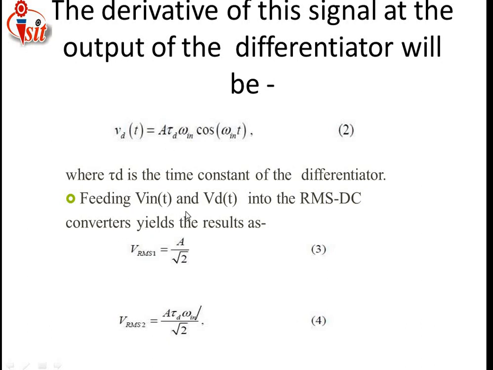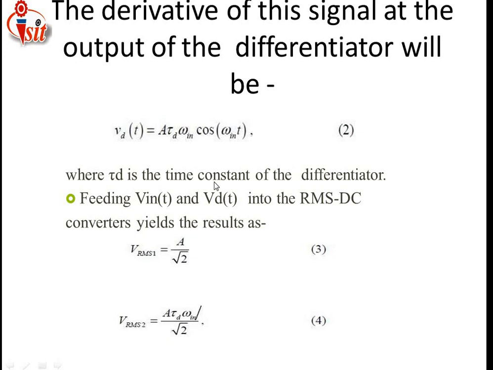Feeding V(t) and Vd(t) into the RMS DC converters, that is the root mean square direct current converters, yields the results Vrms1 and Vrms2. We know that Vrms2 divided by Vrms1 is equal to the output voltage of the voltage to frequency converter. From this, Vrms1 is equal to A divided by root 2, and Vrms2 is equal to A tau d omega n divided by root 2.